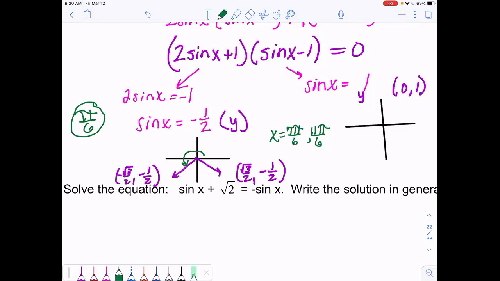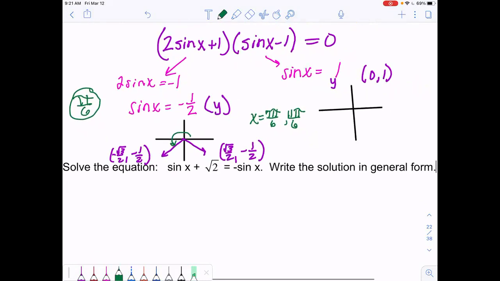So remember, there's 6 pieces of pi on the top, 6 pieces of pi on the bottom. So if I go through 6 pieces, this is my 7th piece of the pi out of 6. So those will be the angles when the sine is equal to -1/2. 7 pi/6, 11 pi/6.